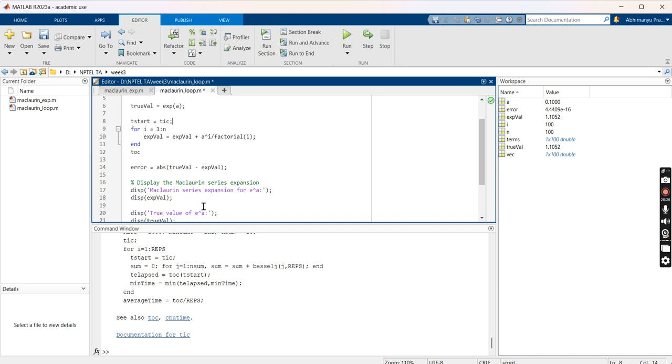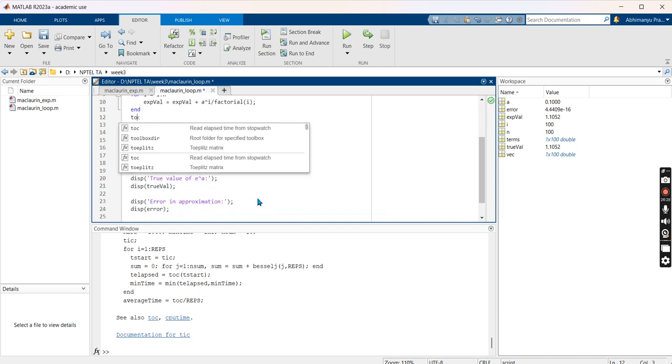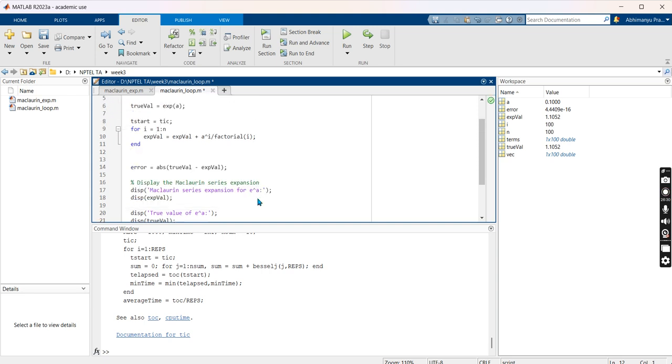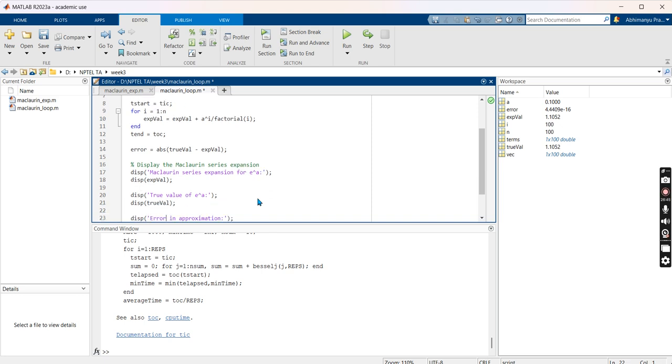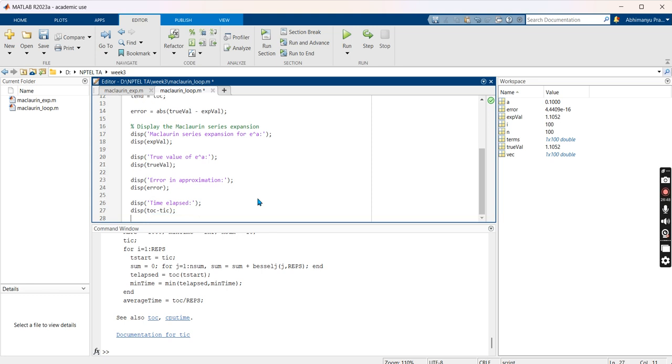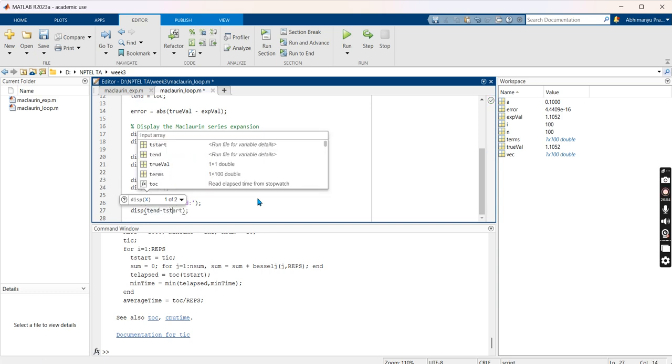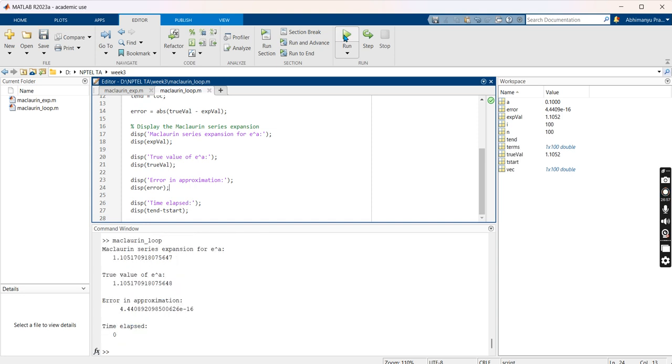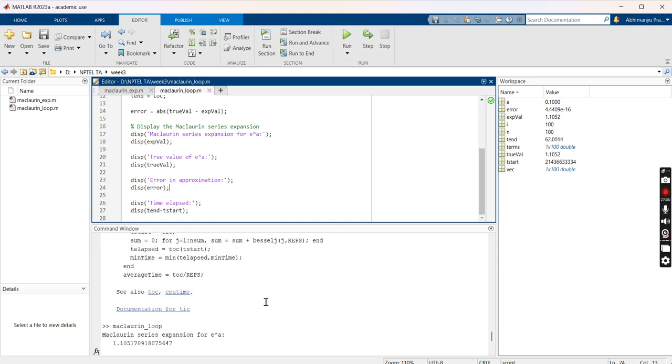T start and is equal to, this is not working.